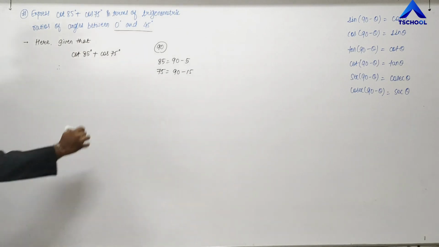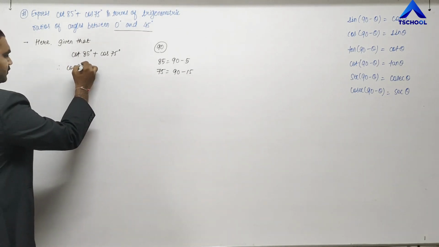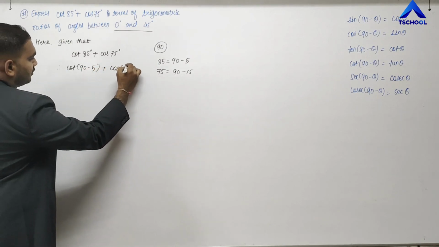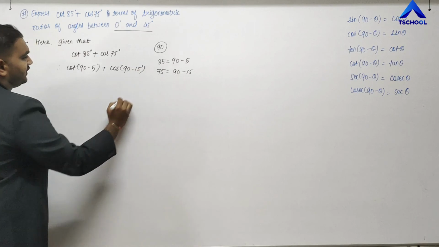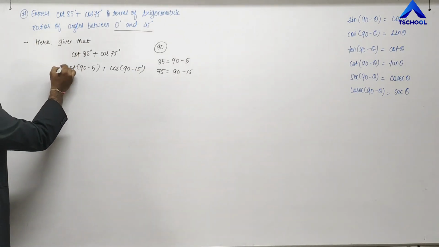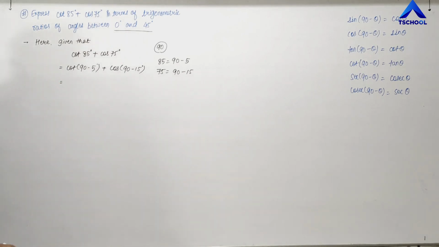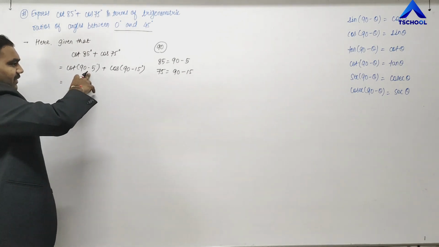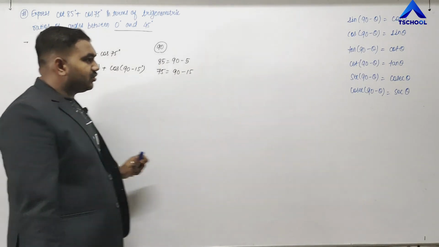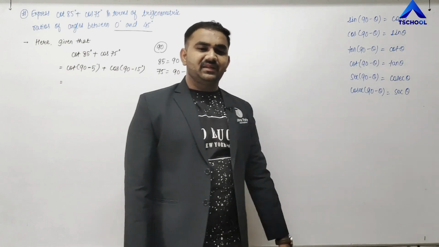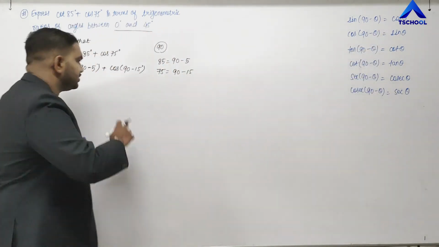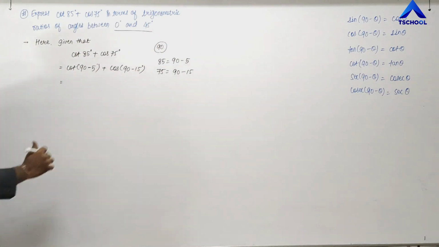Yes or no? Therefore, cot 90 minus 5 degree plus cos 90 minus 15 degree. This can be written? Yes or no? Yes. So cot 90 minus theta is tan theta and cos 90 minus theta is sin theta.